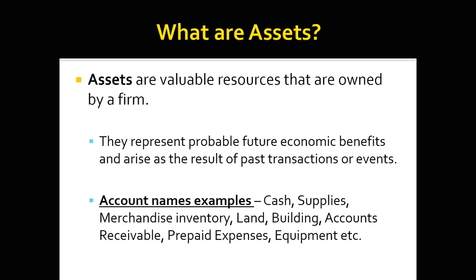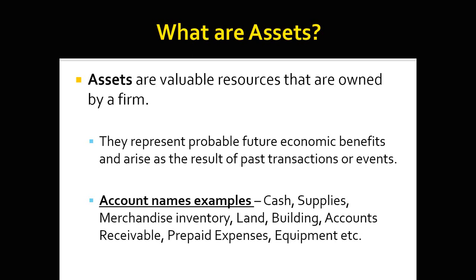So yes, I have account names, but let's talk about a landscaper. What would be assets for a landscaper? Well, assets for a landscaper would be trucks, would be a lawnmower, would be shovels, would be rakes. Those are going to help that landscaper make profit for his or her business.